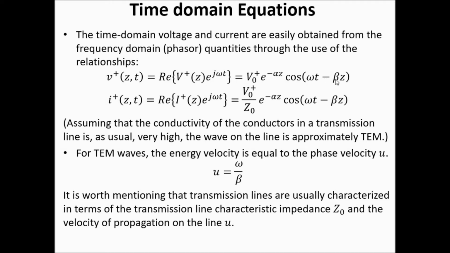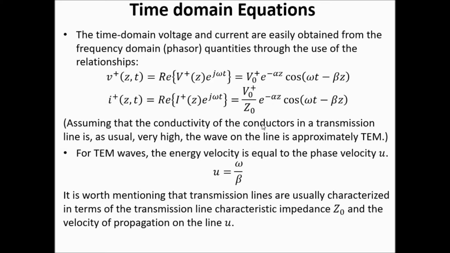Alpha is the attenuation constant and beta is the phase constant, and alpha plus j beta is the propagation constant. Similarly, the current wave in time domain can be written like this. So if you want to find the V minus, the voltage or current in the opposite direction, then you have to change the sign here. So it will be plus alpha, and here it should be positive beta z.